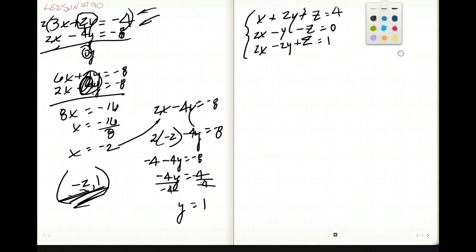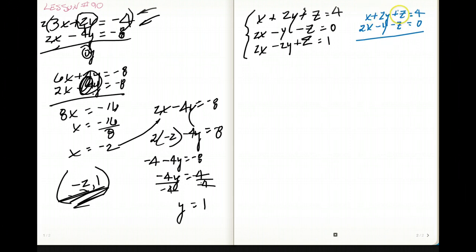Let's just pick the top one and the middle one, and let's just rewrite it over here. x plus 2y plus z equals 4, and 2x minus y minus z equals 0.